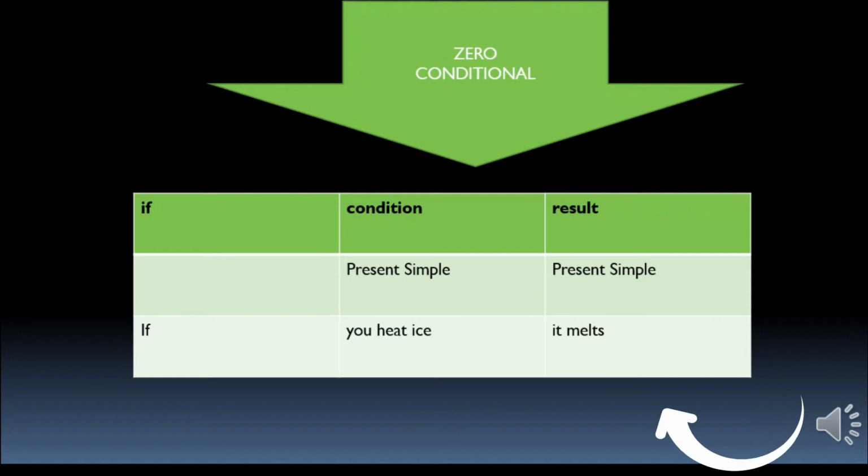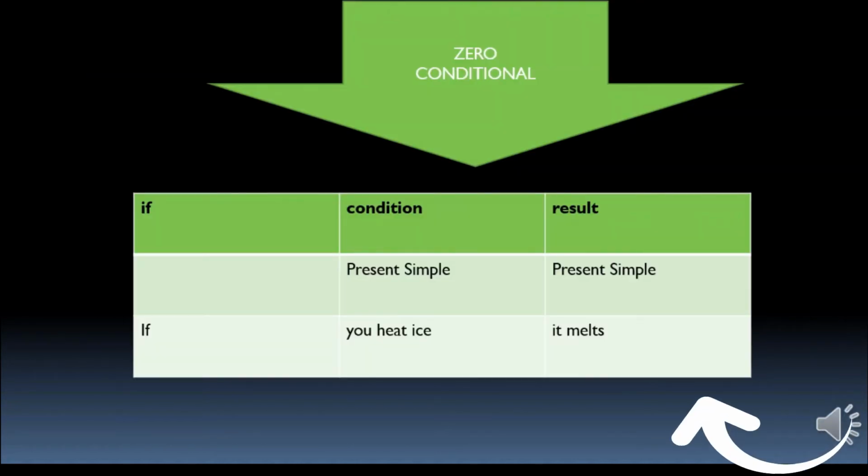For example, here in the table, you can see the condition should be in present simple. Example, you hit ice. Then the result should be in present simple too. It melts. Then the sentence is, if you hit ice, it melts.